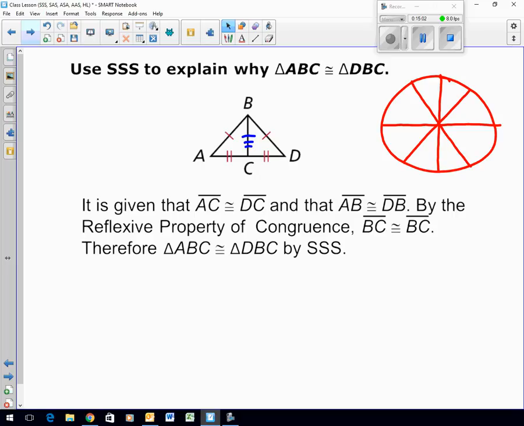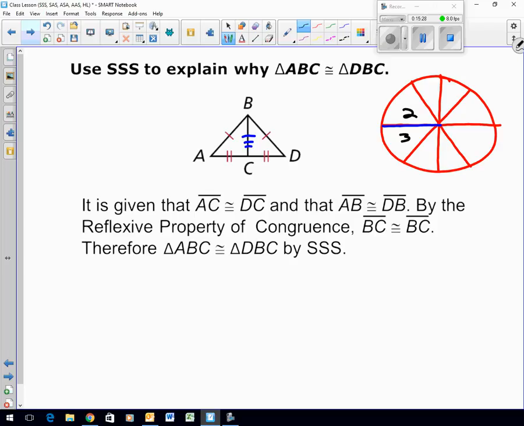Get my pizza, check it out. Y'all see this side right here, blue side? Let's call this slice 2 and this slice 3. Is the blue side going to be the same in slice 2 as it is in slice 3? Same measurement. Yeah, right?